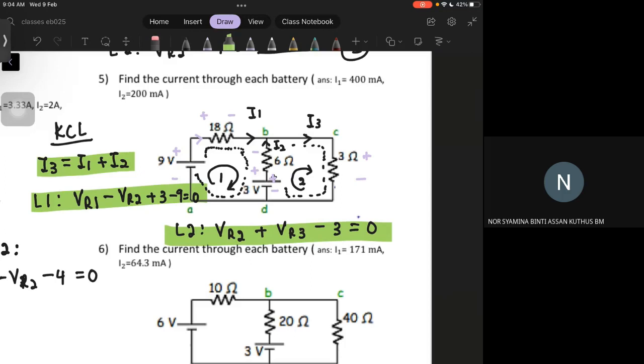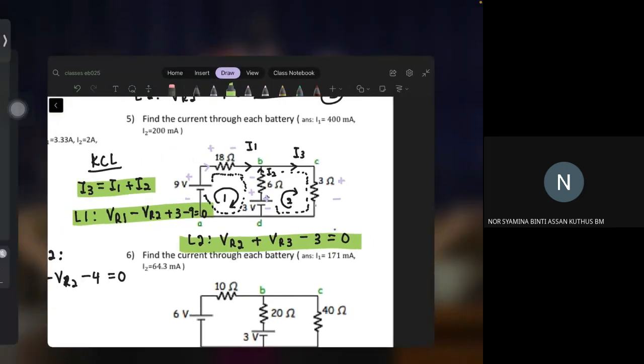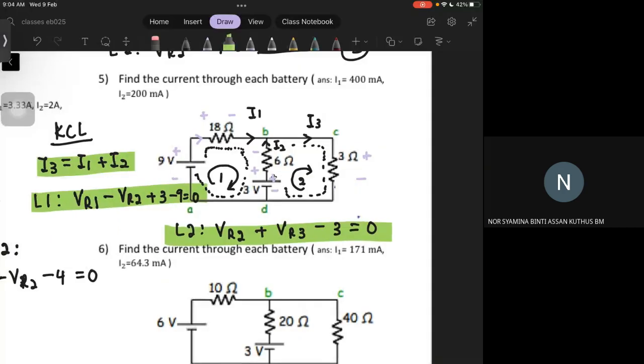Boleh ke? So I'm going to give you this PDF question in GC. Since kita dah discuss most of this question, so what I want you to do adalah esok waktu kelas kita pukul 10, saya nak awak hantar video tu, ingat tak?